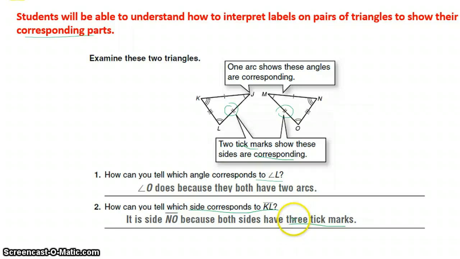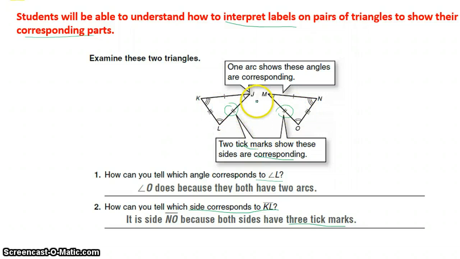So when we are talking about corresponding parts of triangles, you will be able to find the corresponding parts and make the interpretations because you are basically matching up 1 tick mark to 1 tick mark, 2 tick marks to 2 tick marks, and 3 tick marks to 3 tick marks.